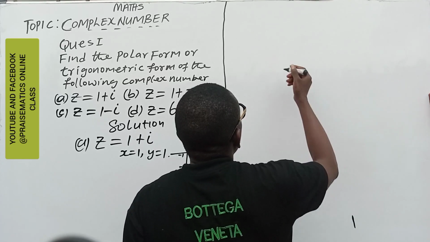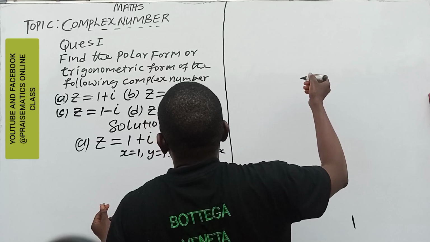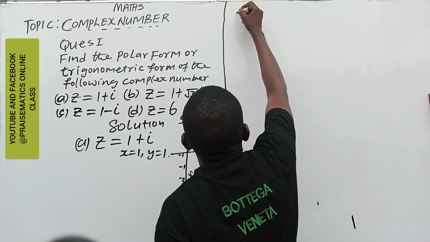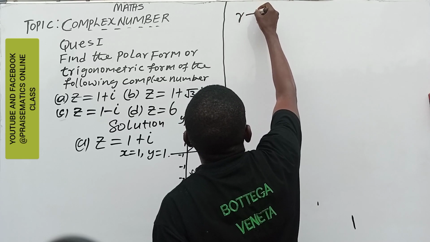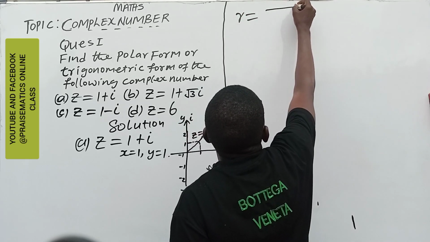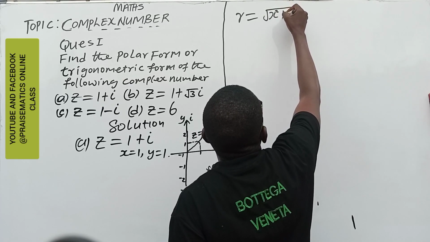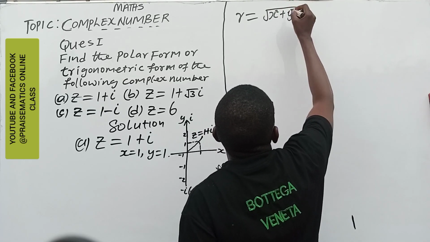Second step, we find the modulus, which is r is equal to the square root of x squared plus y squared.